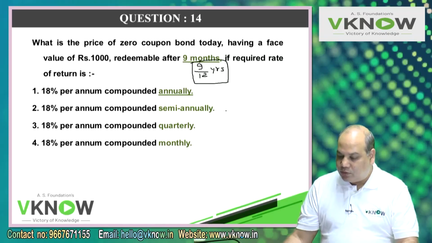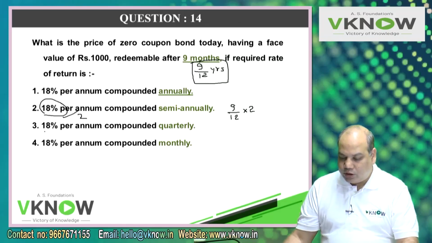And semi-annually means, as you have learnt earlier, in case of a semi-annual problem, we will do 2 adjustments. The number of years is multiplied by 2 and the rate of interest is divided by 2.